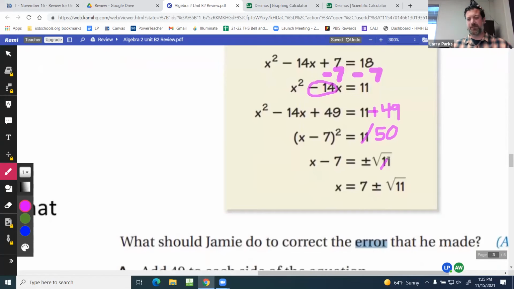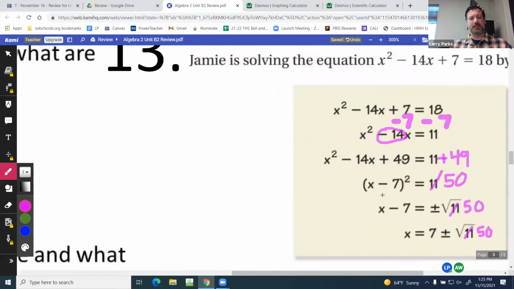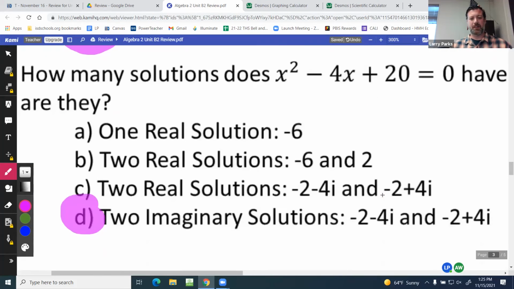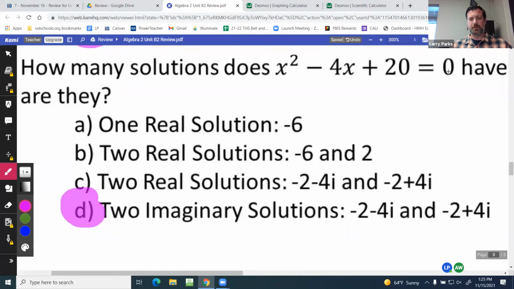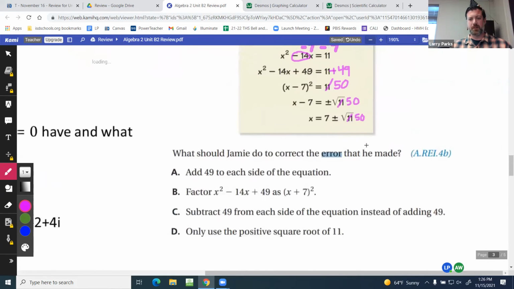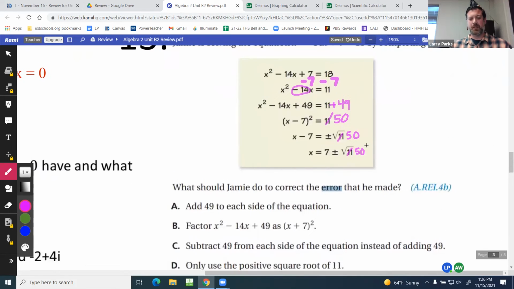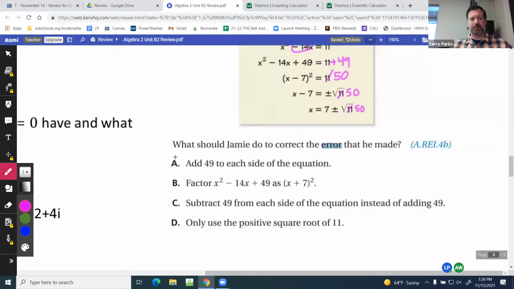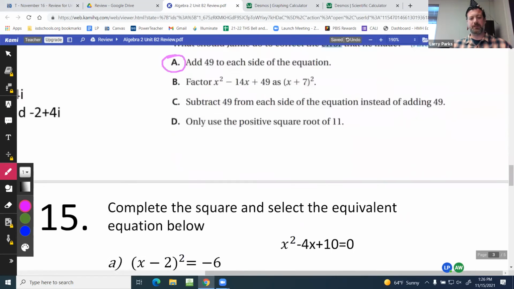So then that would be a 50, and this would be a 50, which can be reduced, but for sake of time, I'm not going to. So what error did you make? You forgot to add 49 to each side.